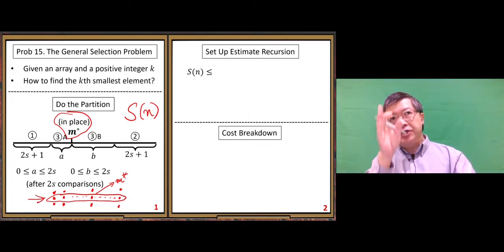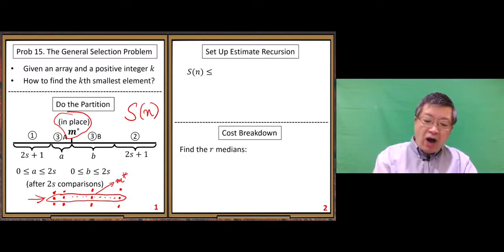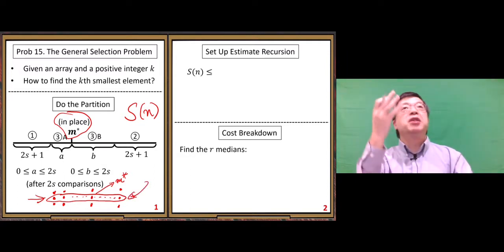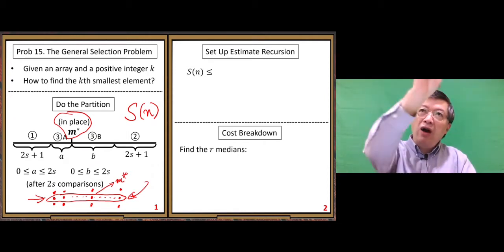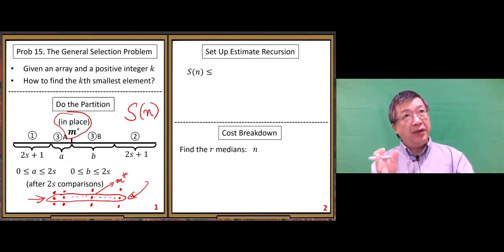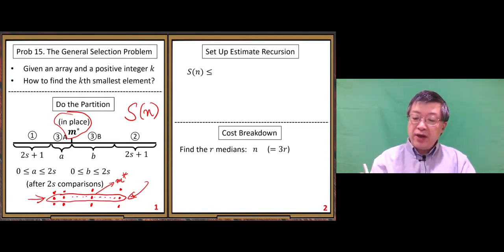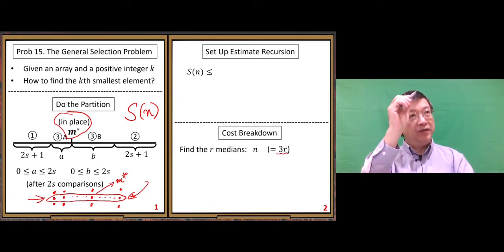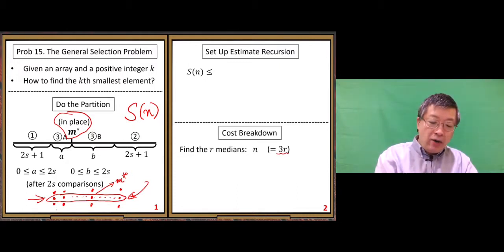Let us do the cost breakdown, term by term, step by step. The first step, find the R medians. We need to pay some cost. What is the cost to find R medians for R groups? That's easy: n. Why n? Because, remember, for convenience, we choose n equals 3R. There are R groups.